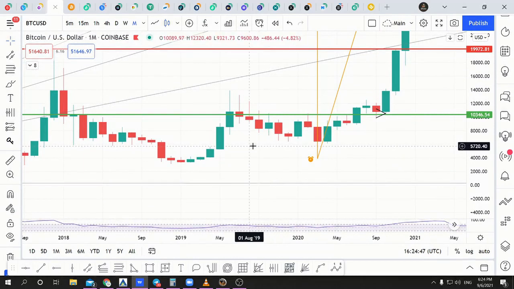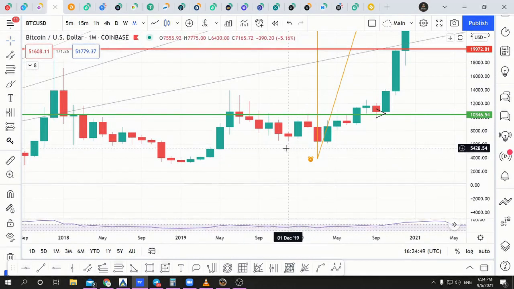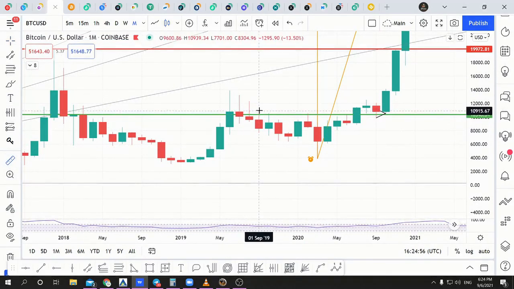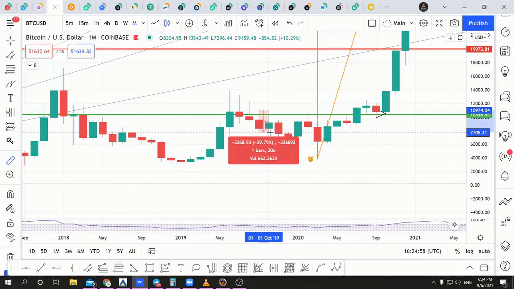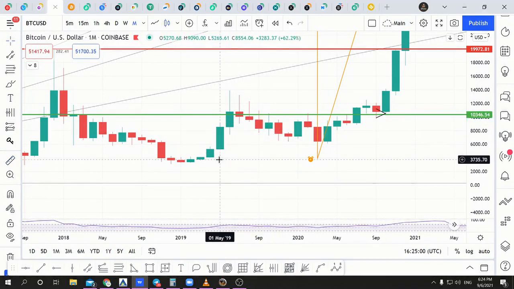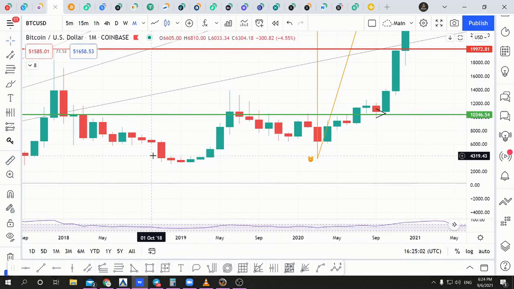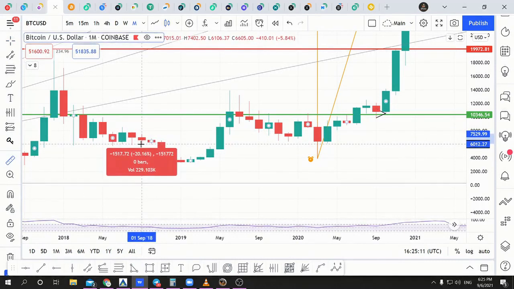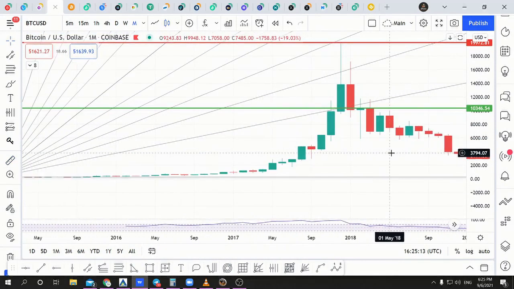So let's go back to the other September. Here, September also, we got something like 30% retracement to the downside. Okay, again, where is the September? Here again, a red candle, about again 20%.